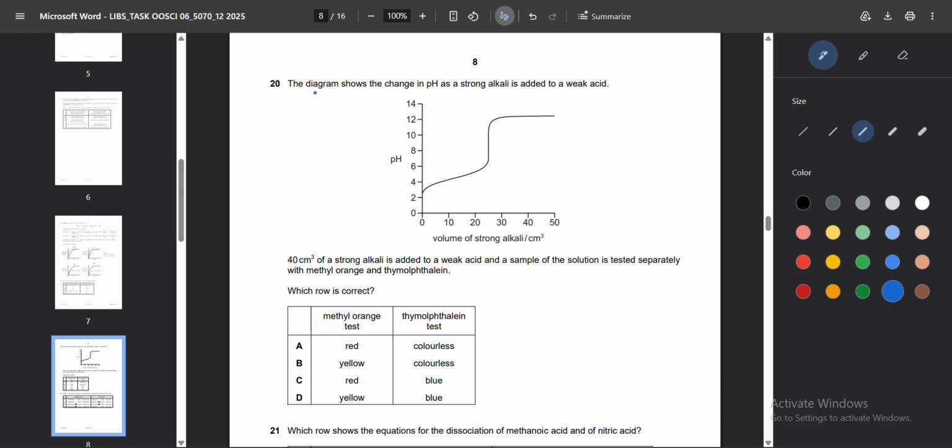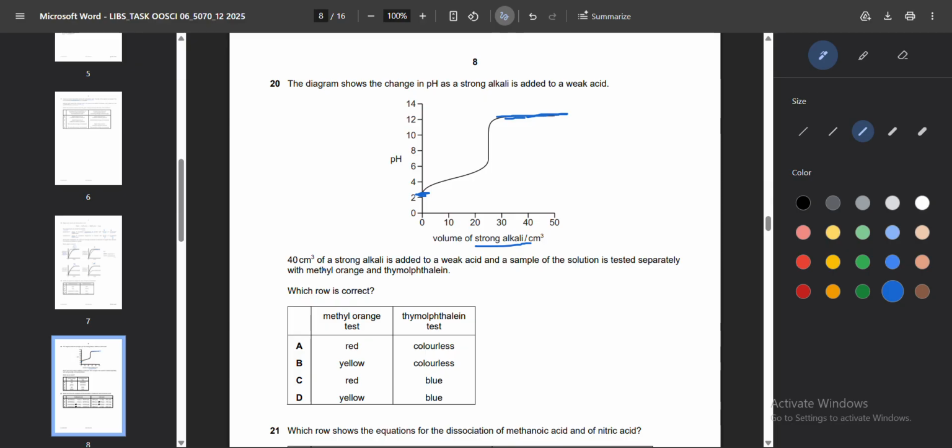the next one is that the diagram shows a change in pH as strong alkali is added to weak acid. Over here you can see the acid is weak, and as we add the strong alkali to it, the pH goes on increasing. Finally the pH comes over here, when you just have the strong alkali.